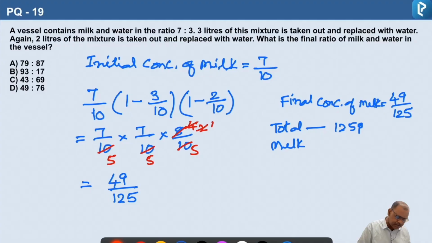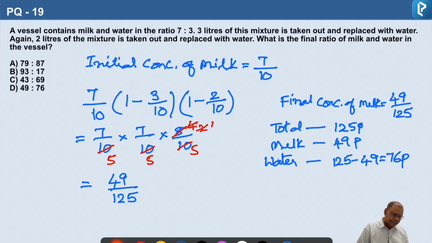Milk is 49 parts and water will be 125 minus 49, that is 76 parts. So now we need to find out the ratio of milk and water. The ratio of milk and water is 49 is to 76. So this is the answer.